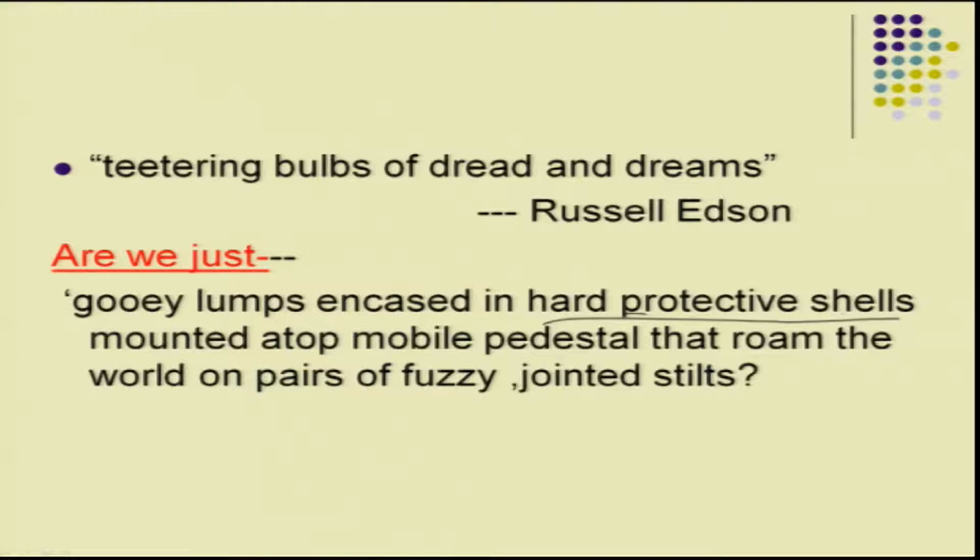This is mounted atop a mobile pedestal, which is your legs that roam the world on pairs of fuzzy jointed stilts. These are your joints. So, are we just this gooey lump body encased in some shell, or are we something more?